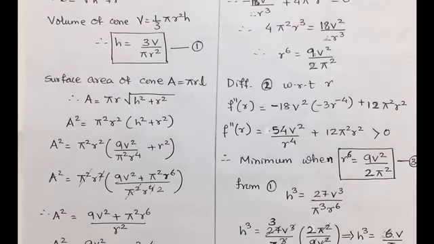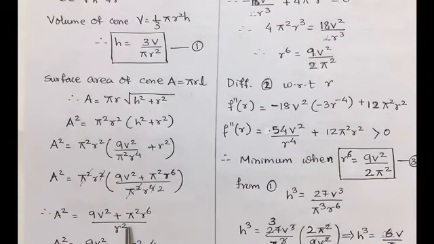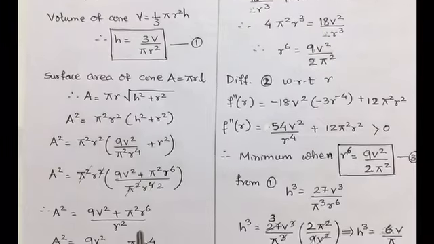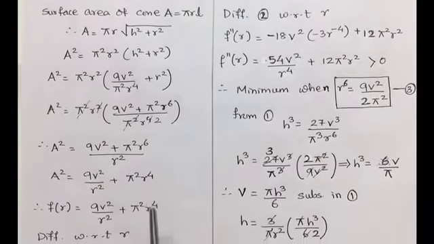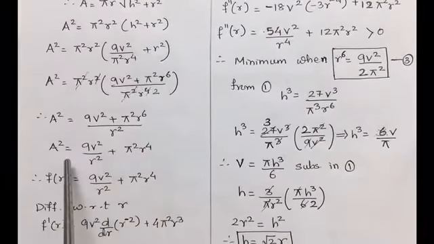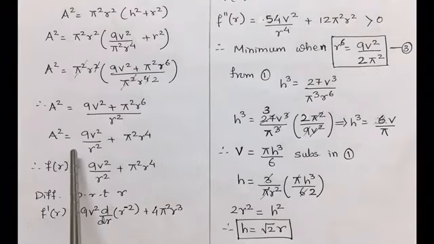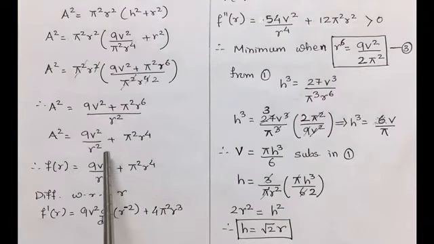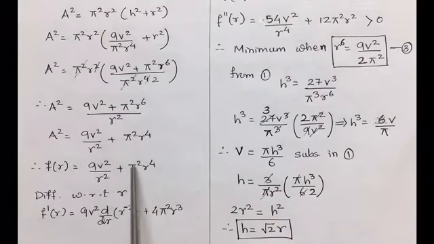Now to avoid the differentiation by taking up the division rule, we can separately divide each of these terms by r square. So dividing it separately, we get A square is equal to 9V square upon r square plus pi square r raised to 4.